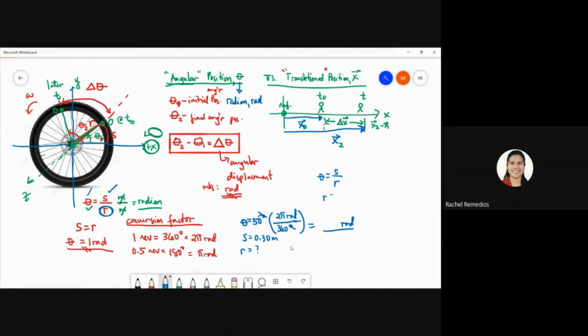Tama. So, the radius is just S over theta. So you have 0.3 divided by, yung answer natin dito na rad, ha? Dapat naka-rad yan. So that, ang unit dito na meter, yun na yung answer mo din dito for the radius.